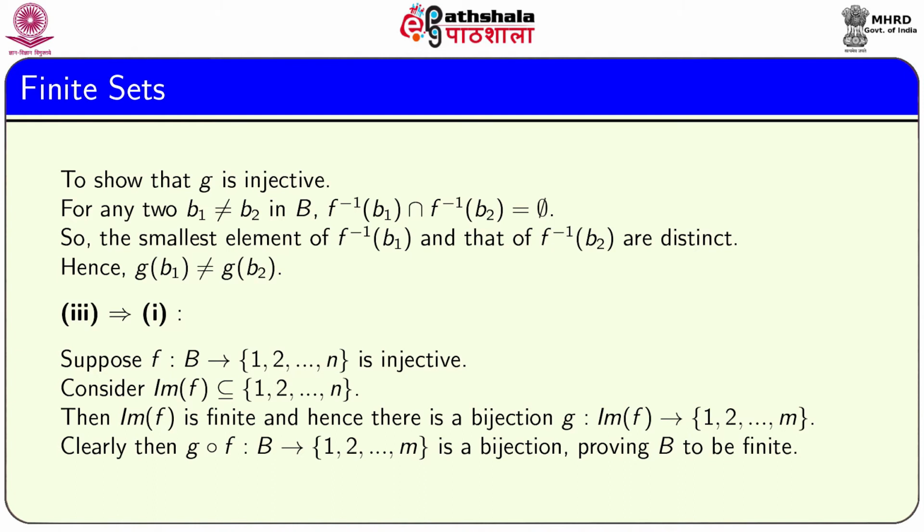Then the image of f is a finite set, and hence there is a bijection G from the image of f to the set {1, ..., m}. Clearly then, G composed with f is a function from B to the set {1, ..., m}, and it is a bijection, and that proves the set B is finite.